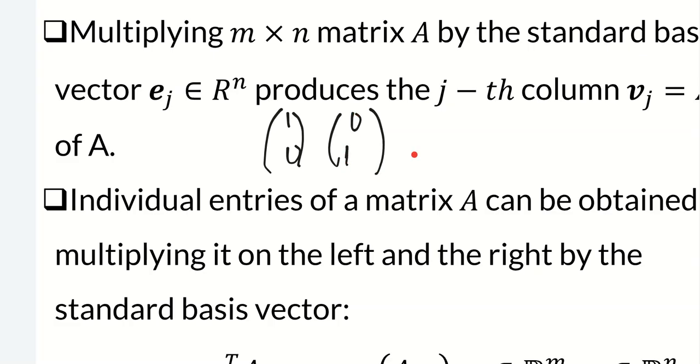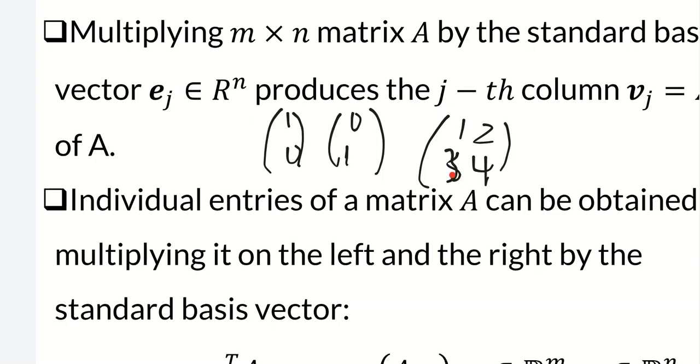So when you have a matrix and you multiply a matrix by a standard base, we are able to get the position or the index of a specific entry of the matrix. So I have a matrix over here, 1, 2, 3, 4, right?